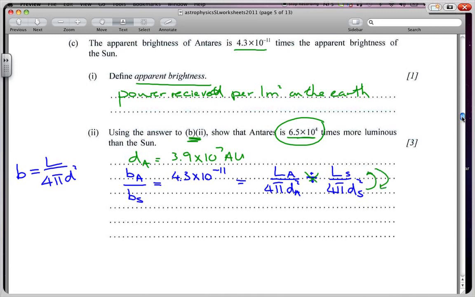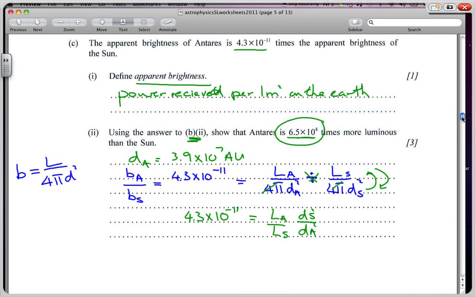My 4 pi is actually going to cancel out. So we get 4.3 times 10 to the negative 11 is equal to LA over LS, times ds squared over dA squared.